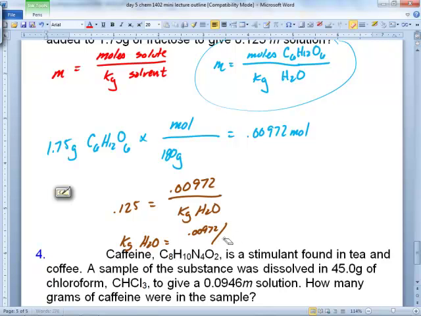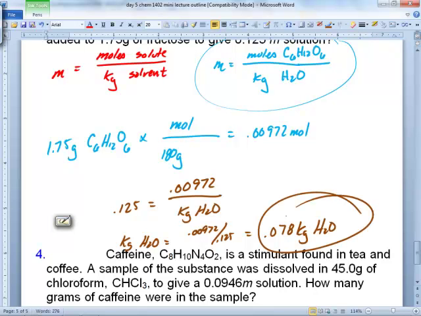Ah, 0.125. And the final answer is, Jasmine, what'd you get? 0.078. How's that sound? 0.078 kilograms of water. Okay.